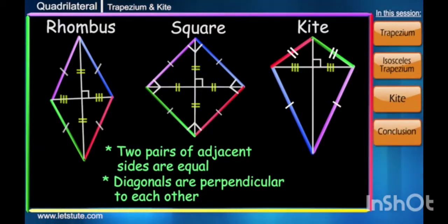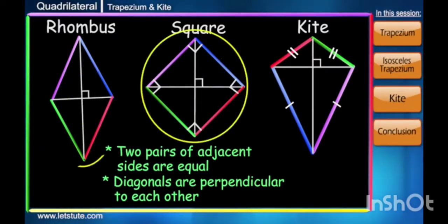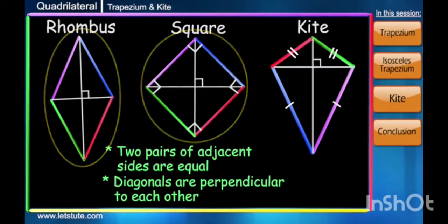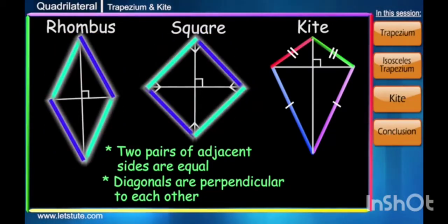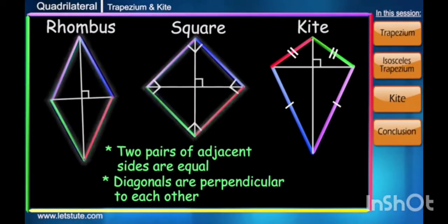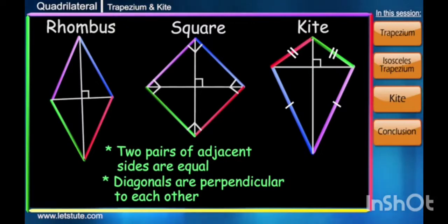Now you must be thinking that the square and rhombus belong to the family of parallelogram because both their pairs of opposite sides are parallel. Yes, you are right. In a rhombus or square, since all the sides are equal, no doubt even adjacent sides will be equal, as well as their diagonals are perpendicular to each other.